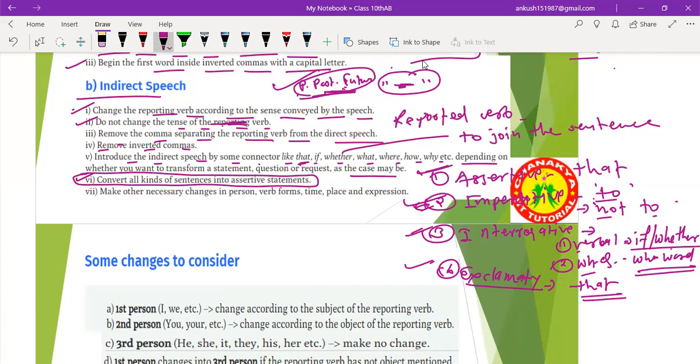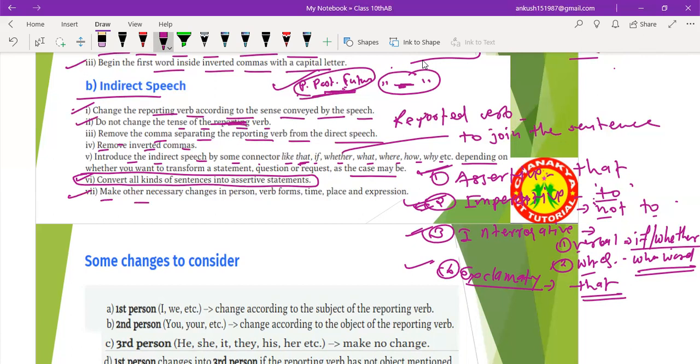All the sentences would be transformed into assertive sentences. Whatever the question, whatever the imperative sentence, whatever the interrogative, and assertive itself also, you have to transform it into assertive sentence.